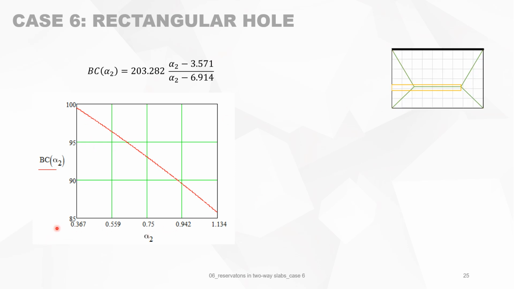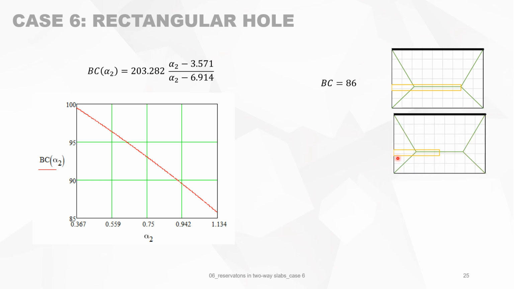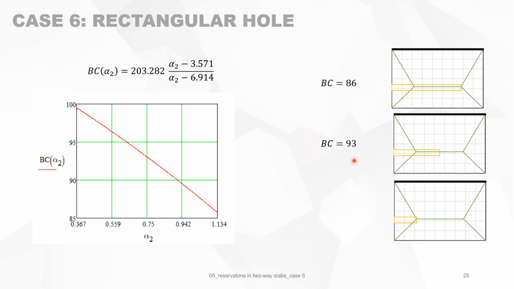For alpha 2 of 0.367, and for alpha 2, which is D2, equal to 1.134 times A, we got 86 as bearing capacity, and in between 93, and for the smallest hole we will have 99.